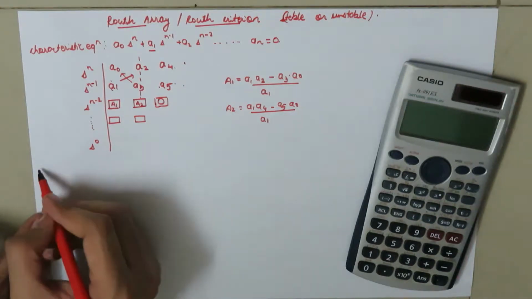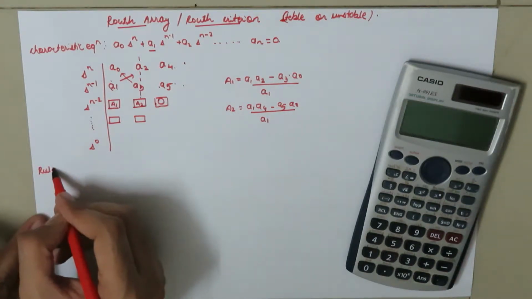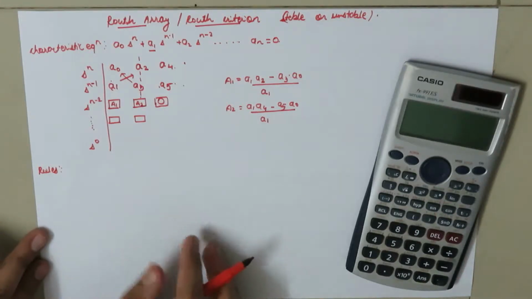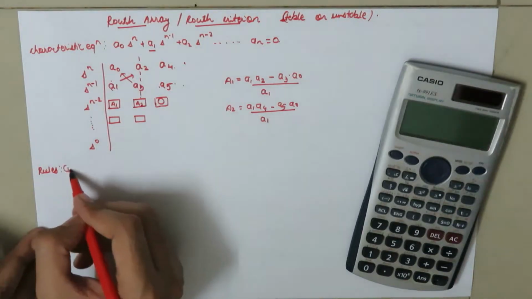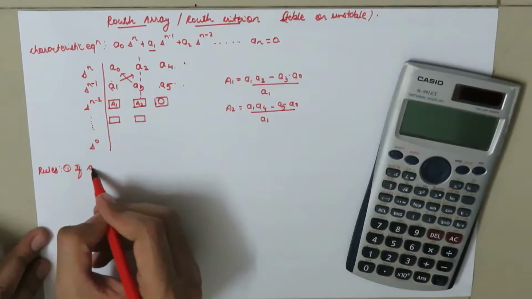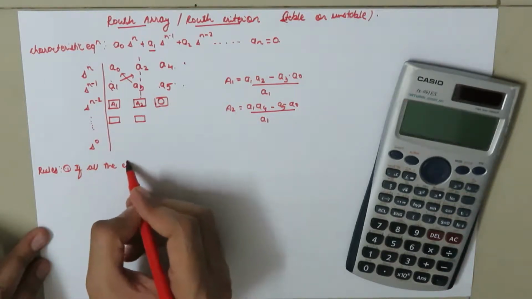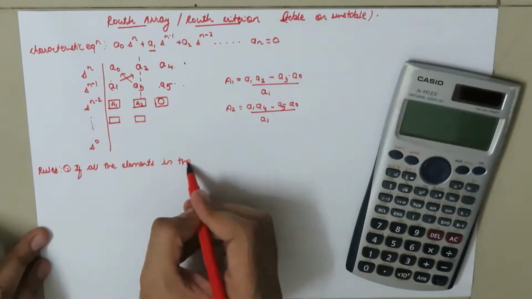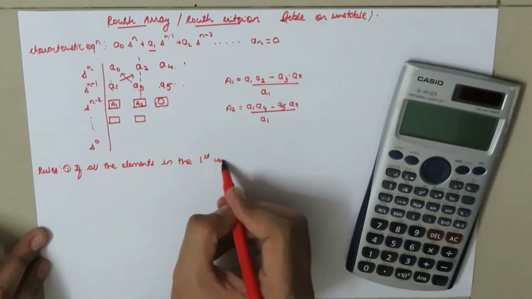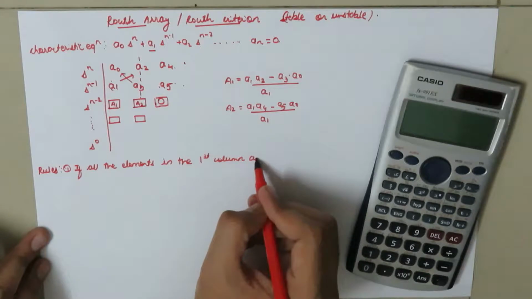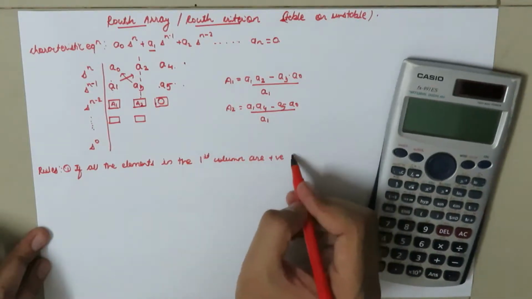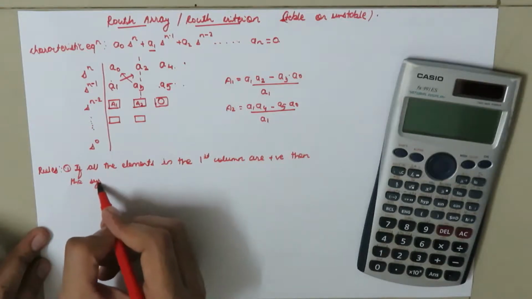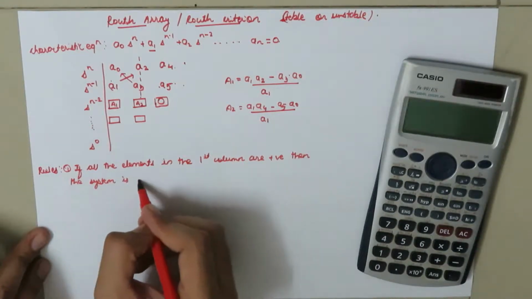Now according to the Routh array there are some rules which we need to follow to predict whether our system is stable or unstable. The first rule is, if all the elements in the first column are positive, then the system is stable.